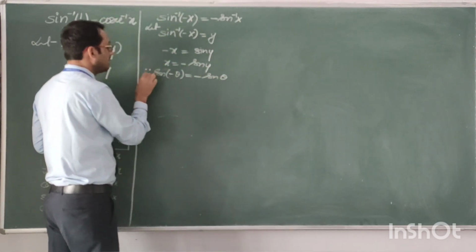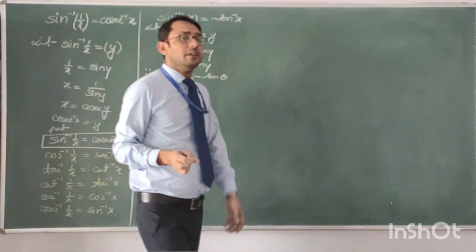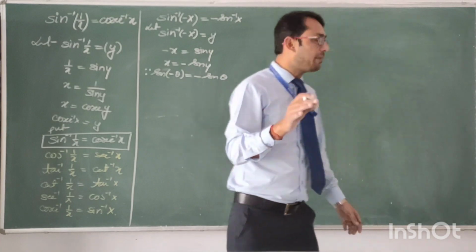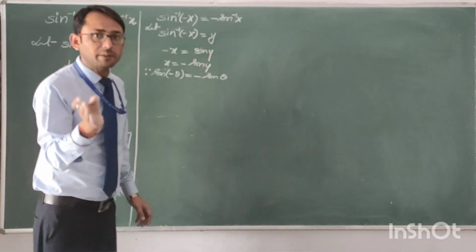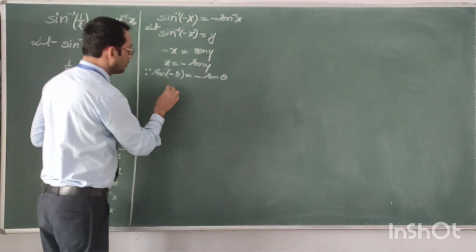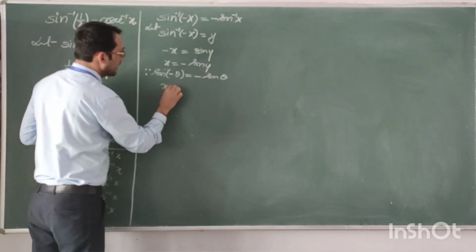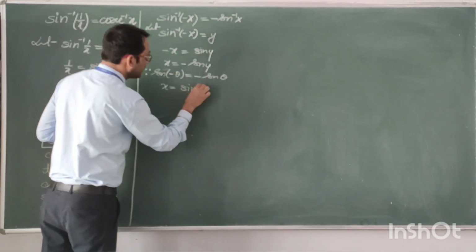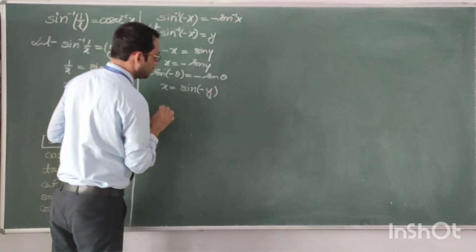This is the property I am using because sine remains within minus pi by 2 to pi by 2 in this limit. Just now we have done a question based on it also. So this could be written as x equals sine minus y.